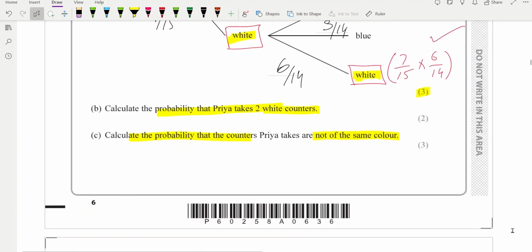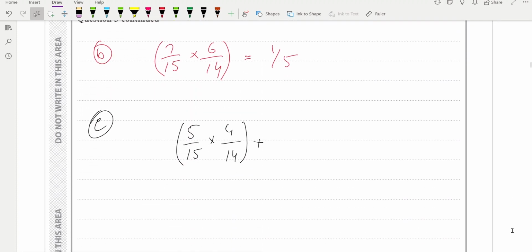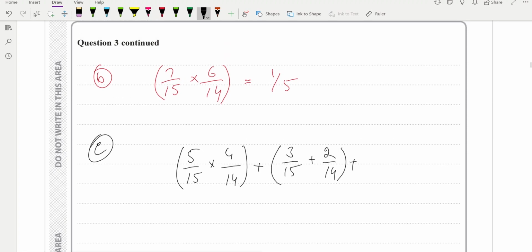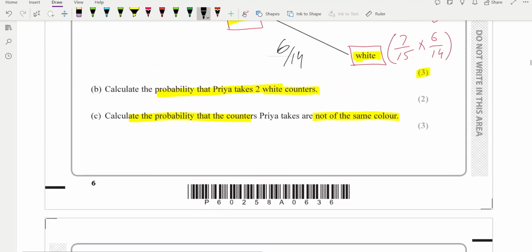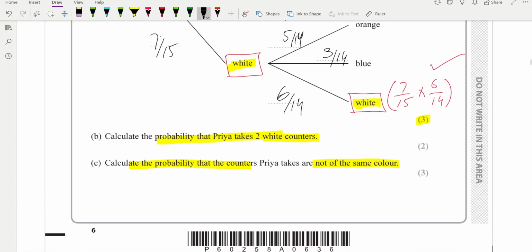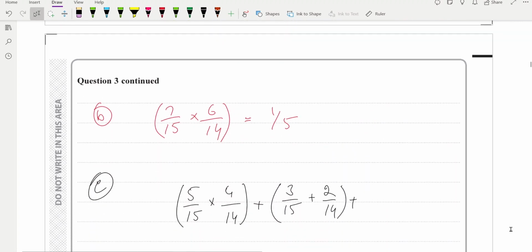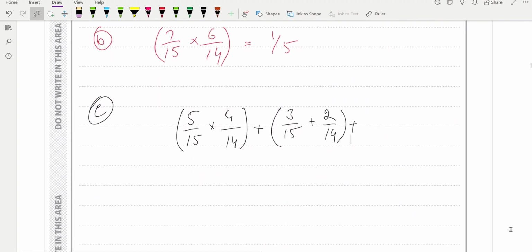So we can write here 3 by 15 multiplied by 2 over 14, and plus the last one which we have already calculated, which is 7 by 15 into 6 over 14, which is 1 over 5, but I'm writing it here for your explanation. Now this combination of all the probabilities, we have to subtract from 1.